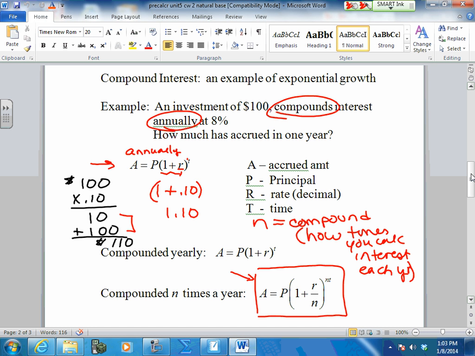Now, when I multiply my $100 times this, I get 110. Because that 1 says, when I do this, so let's break it down. What's 100 times 1? 100. What's 100 times 0.10? 10. And when I add them together, there's my 110.